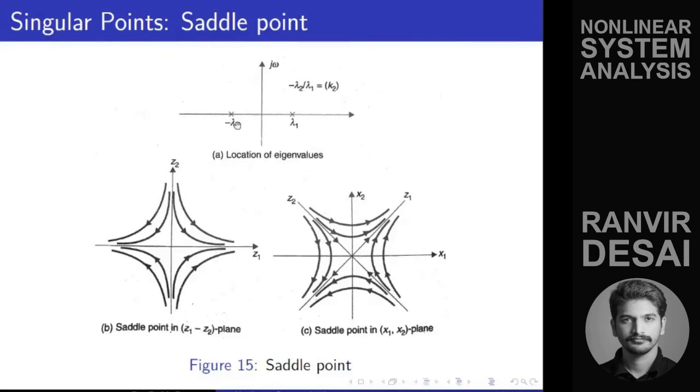But you can say that as time increases, these x1 and x2 go on following a trajectory that leads to infinity here and here. If we extend this, it will follow a line that goes to infinity. So this is basically an unstable system. So you can call this a saddle point. Okay, is this clear?